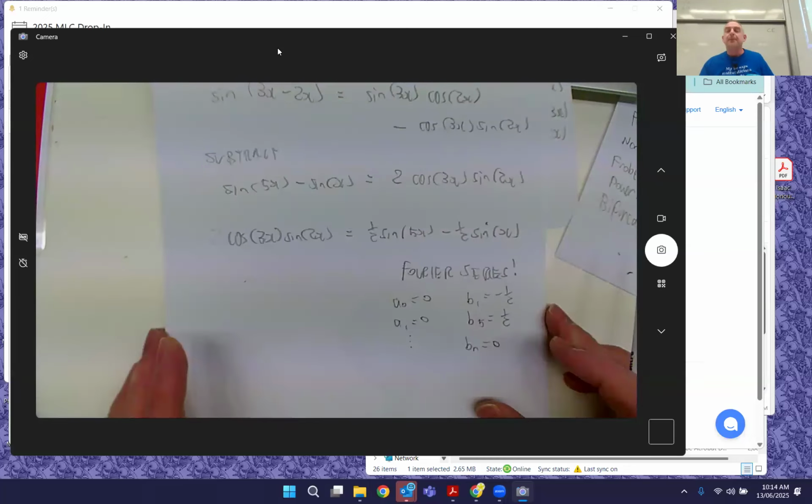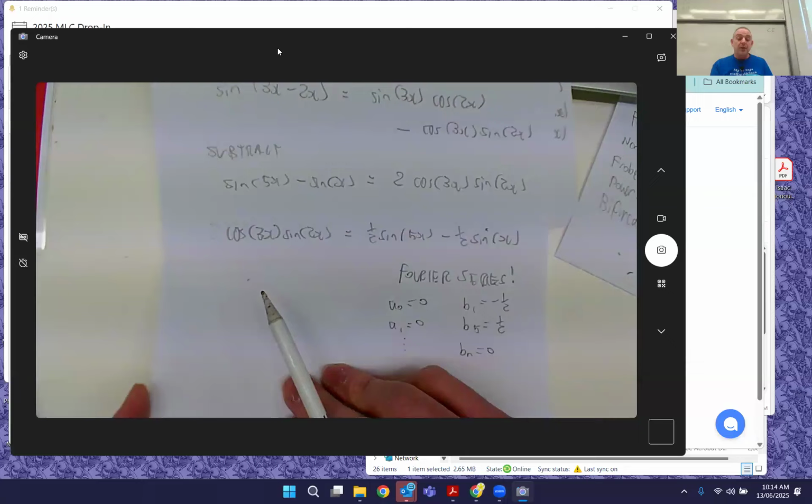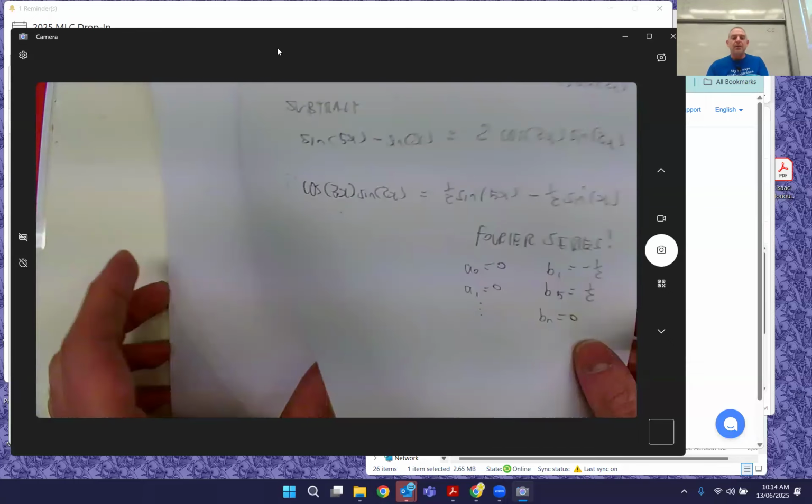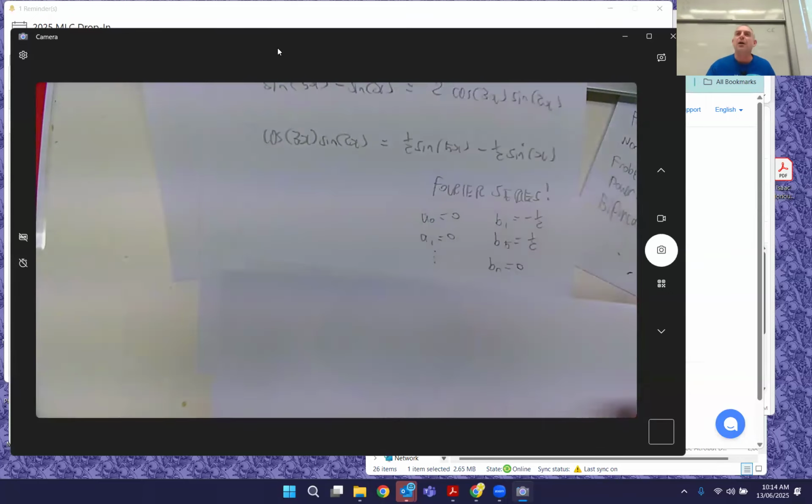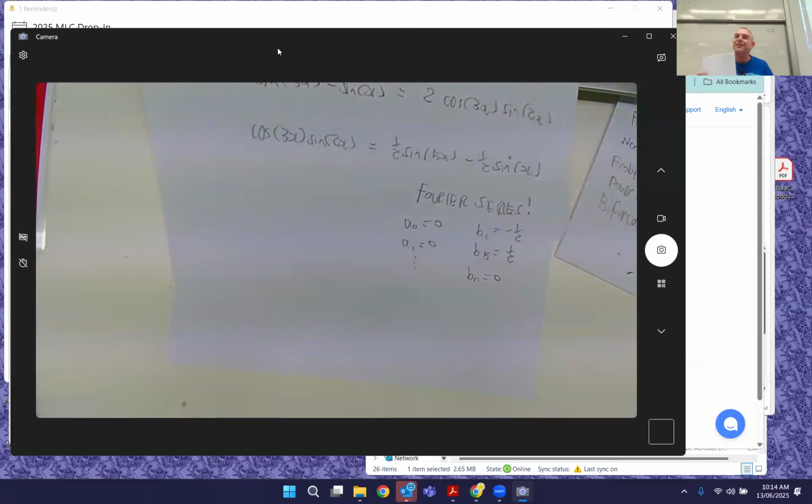So what that means is that we can borrow this idea, and that's why I wanted to do this, so that I could make this point.